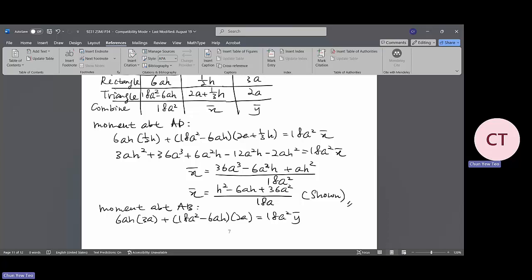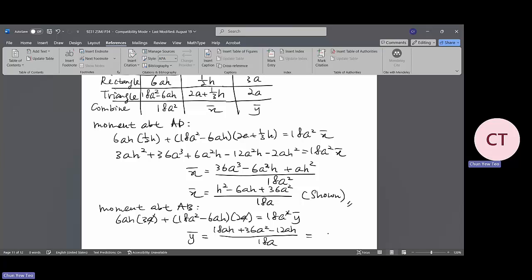If you cancel the a, you get the bar y is equal to the 18ah plus the 36a squared minus 12ah divided by the 18a.